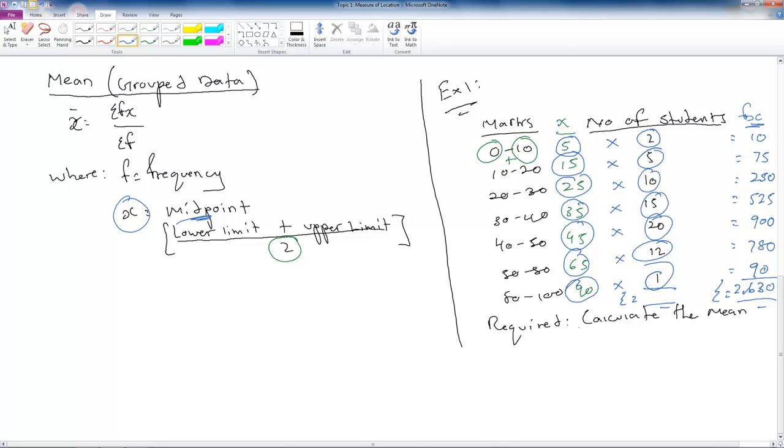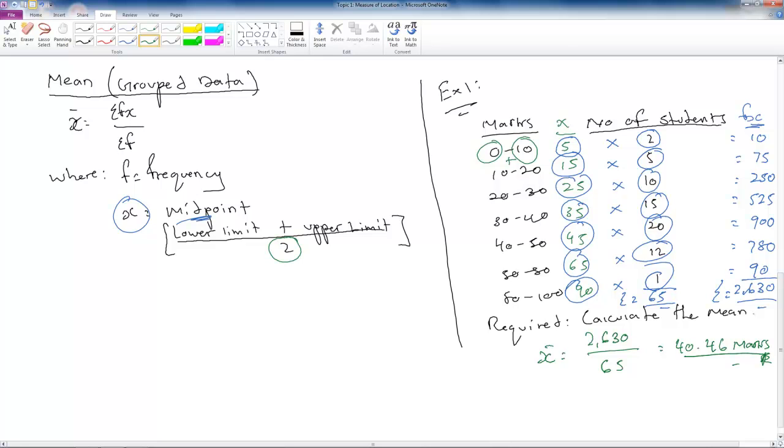You will get 65 over here. Once you get that, you can work out your mean, which is you take 2630 divide with 65. You will get 40.46 marks.